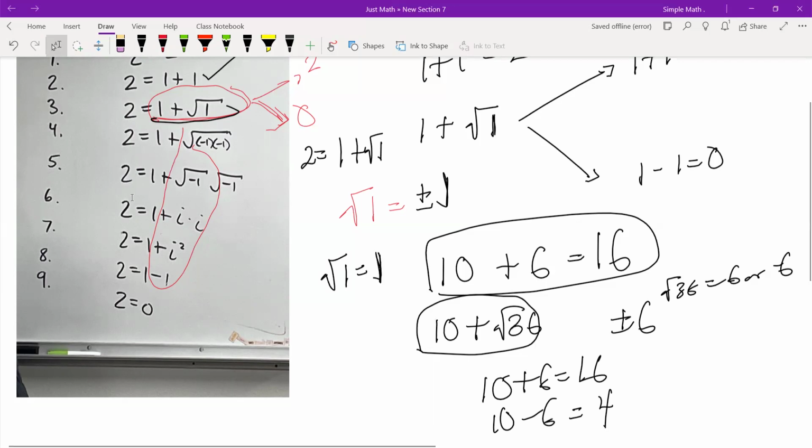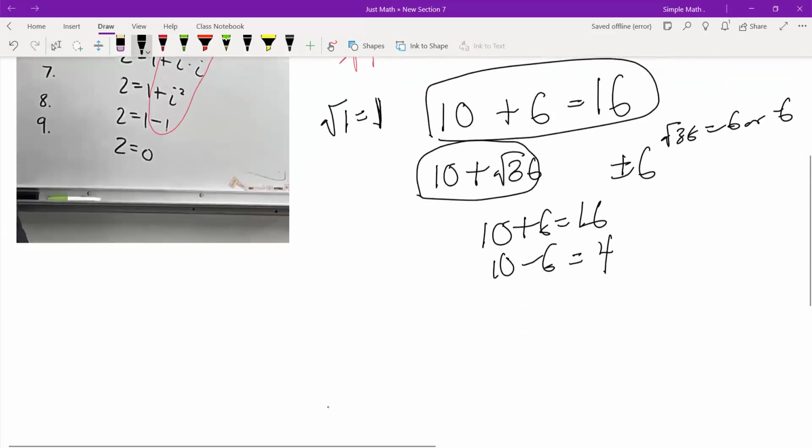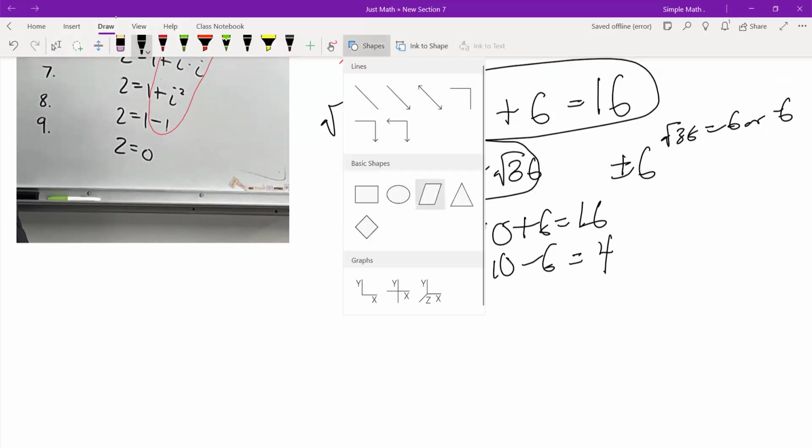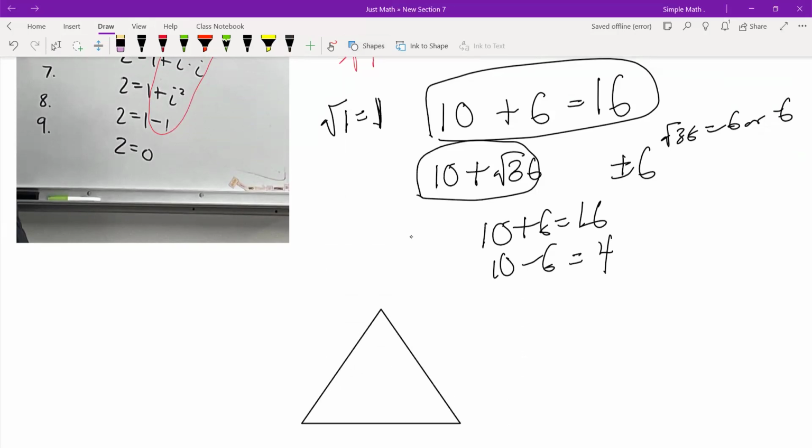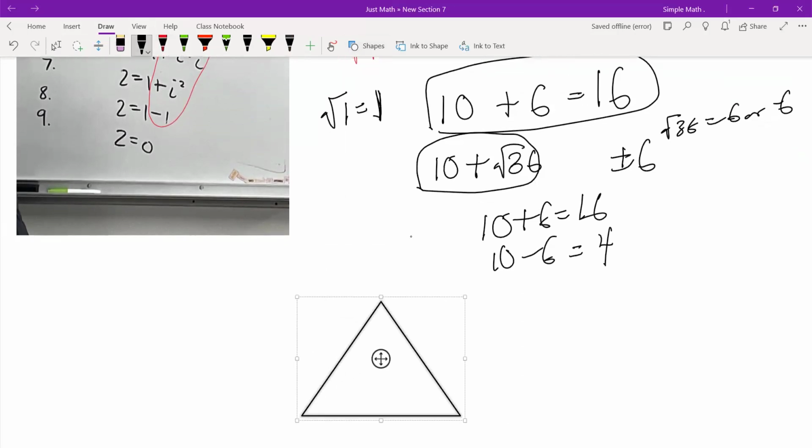Let me also give you another analogy. Let's say you have a triangle, just a random triangle will be fine. Now they say one of the sides has a length of root 36.